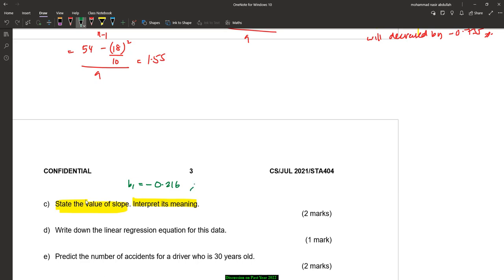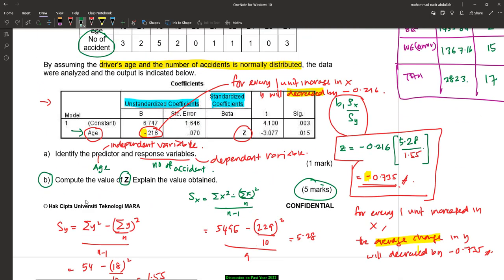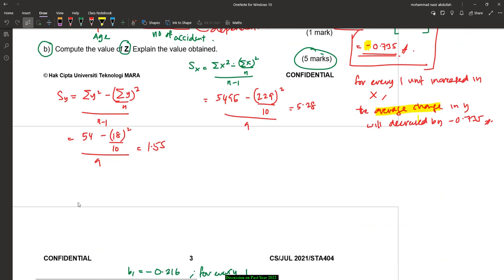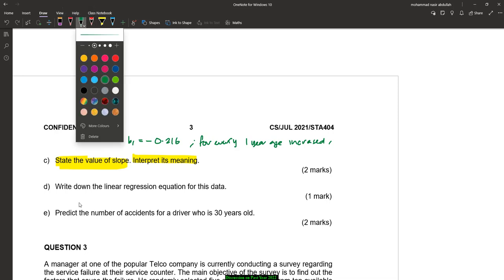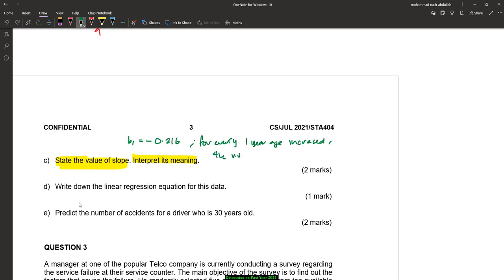It means that for every 1 year age increase, we must put it in the context of the problem, the number of accidents will decrease by negative 0.216.